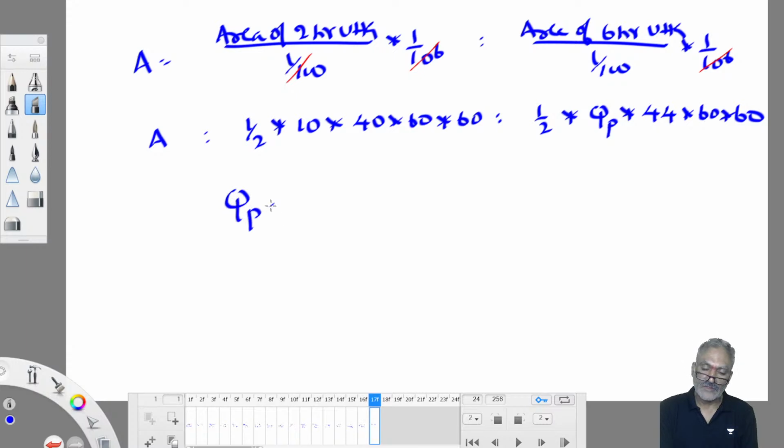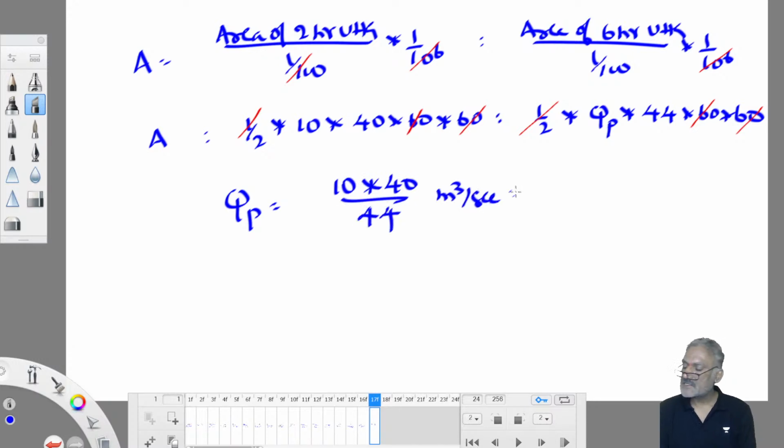Therefore QP is equal to, half also gets cancelled, 60 also gets cancelled, 10 into 40 by 44 meter cube per second. How much is it? 10 into 40 by 44 is 9.09 meter cube per second.